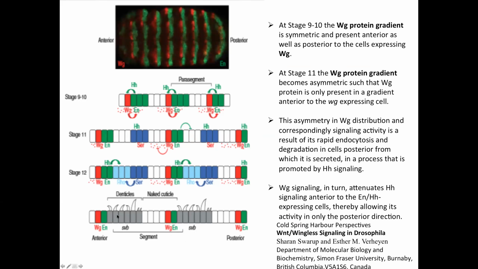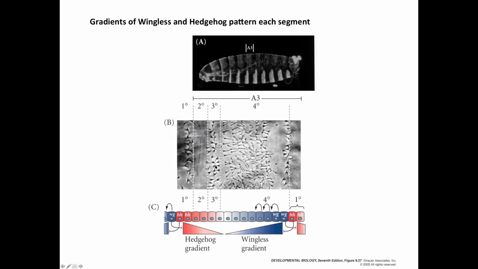Depending on wherever the cells are seeing hedgehog signaling, EGFR will be there, and you will see bristles. Wherever cells are not seeing hedgehog signaling, EGFR is not there, and that is going to be the naked cuticle. So this is cuticle, this is naked cuticle. Essentially, these cells which have all the bristles are seeing EGFR and as a result have bristles.